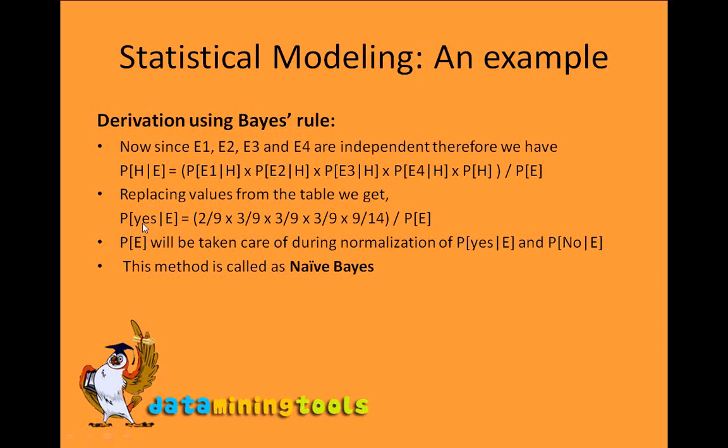For the probability of class equal to yes, we are assuming that our hypothesis H is yes. We have the following formula, and the only unknown factor in this is P of E. This will be taken care of during normalization, so this factor is removed. Since we are using Bayes' rule, this method is called naive Bayes. Naive because of the two assumptions we have made.